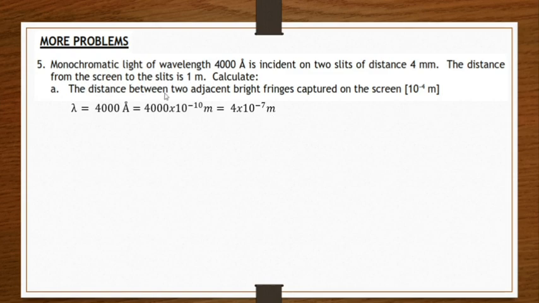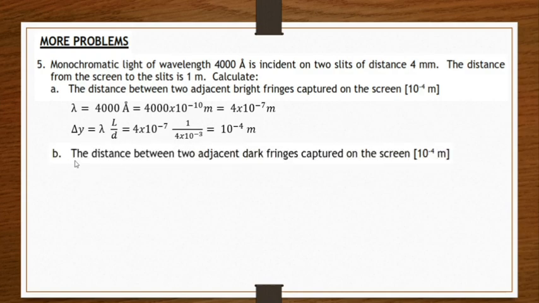We want to find the distance between two adjacent bright fringes captured on the screen, and that will be delta y equals lambda L over d, as we have mentioned before. So lambda is this, L is 1 meter, and d is 4 millimeter, 4 times 10 to the minus 3. So the result will be 10 to the power of minus 4 meters.